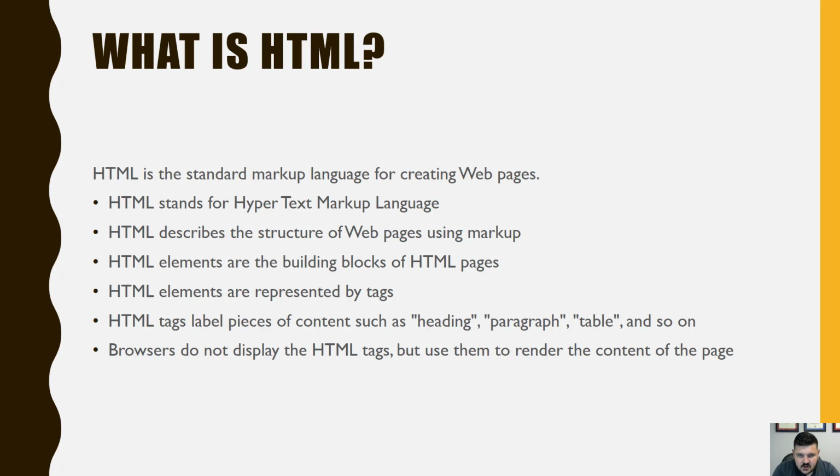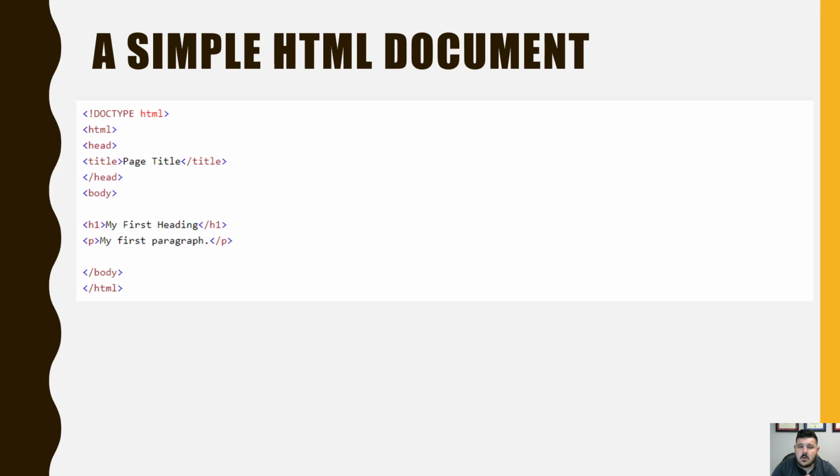In our browsers, whether we're using Google Chrome or Firefox, whatever it is, they're not displaying the tags, but they use that information to create something visually, something on the front end. So like we had in the previous exercise, you're not seeing all the code. You're seeing what the code produces. So this should look familiar.